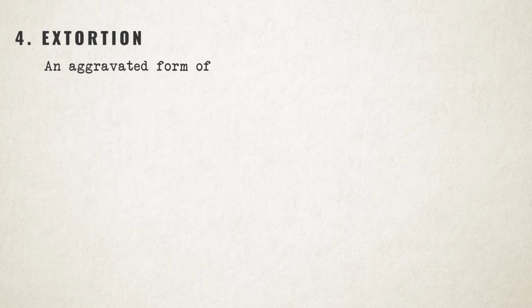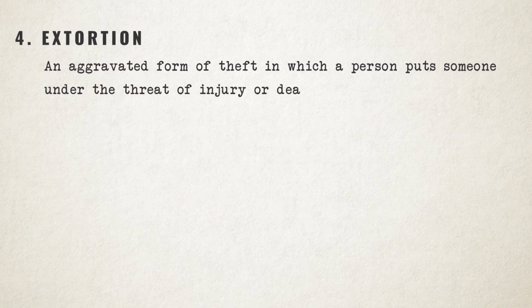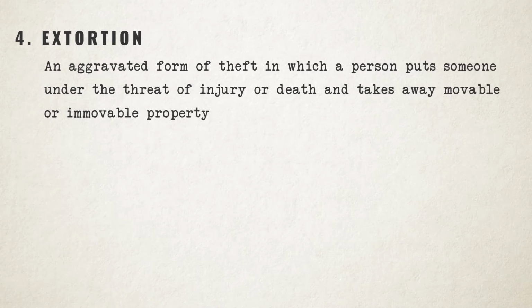The next term is extortion. According to Section 383 of IPC, it is an aggravated form of theft. That is, a case in which a person puts someone else under the threat of injury or death and takes away his movable or immovable property.